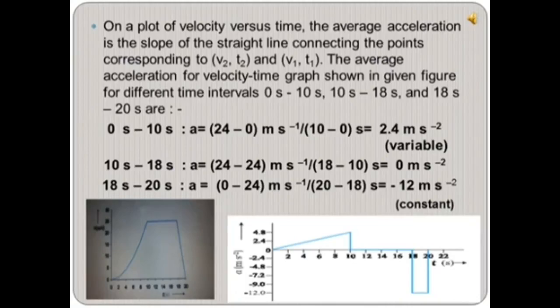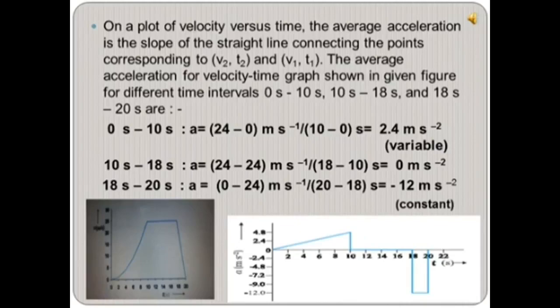The average acceleration a is equal to 24 meter per second minus 24 meter per second whole divided by 18 second minus 10 second, which is equal to 0 meter per second square. Here average acceleration is equal to 0. And third time interval is 18 seconds to 20 seconds.